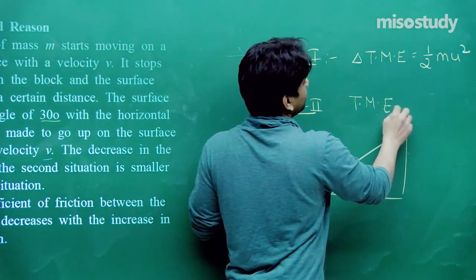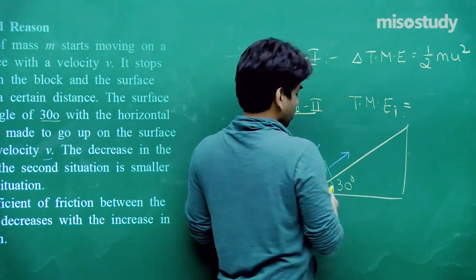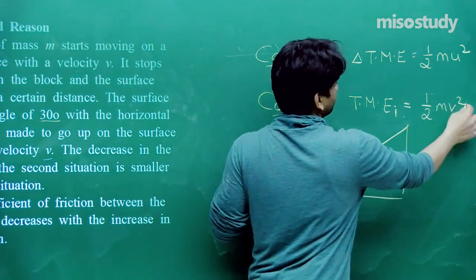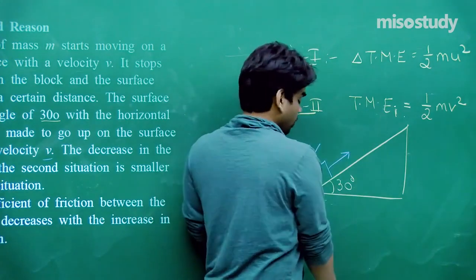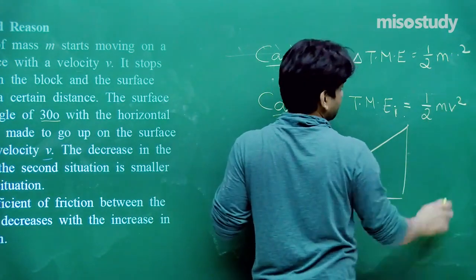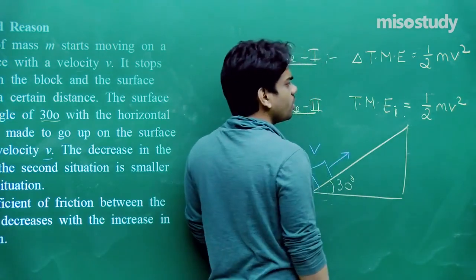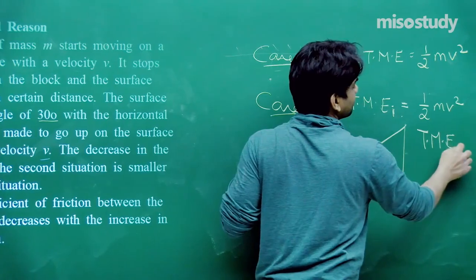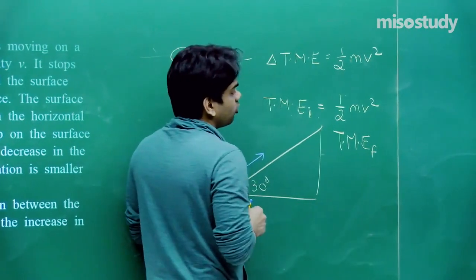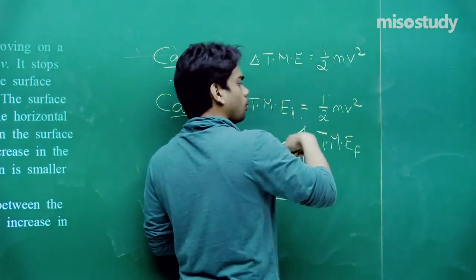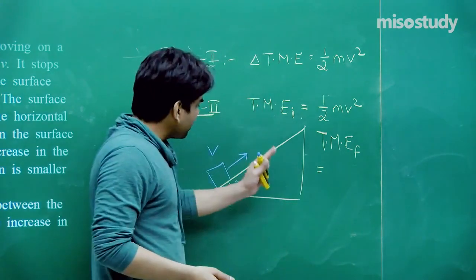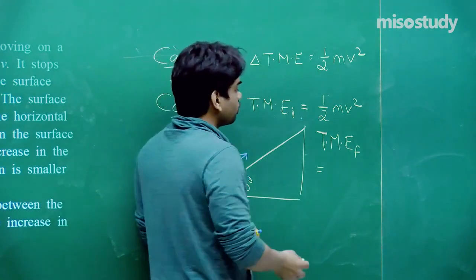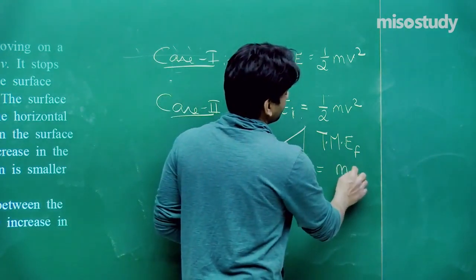Total mechanical energy initial will be equal to potential energy 0 and kinetic energy half mv square. I have taken u here, just take it as v because that has been given as v. Now the total mechanical energy after it has stopped, the final value, will be equal to 0 for kinetic energy, and it would have risen to some height, so the potential energy will be mgh.